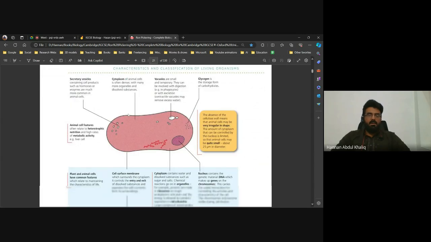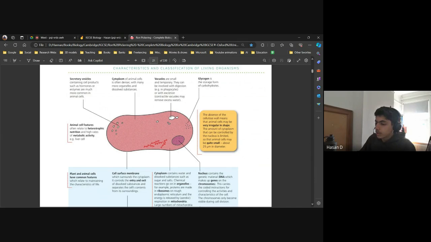First of all, look at this particular cell. This particular cell is an animal cell, and what are the identifications that would help us in identifying this particular cell as the animal cell? First of all is the shape.